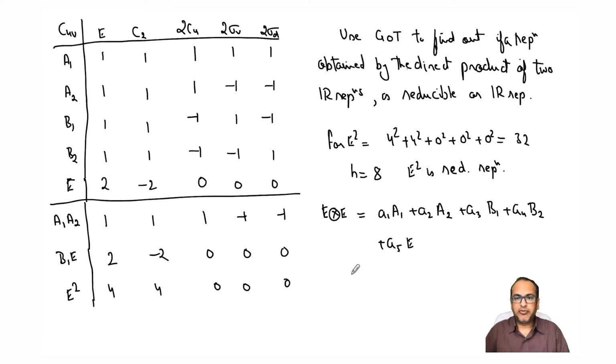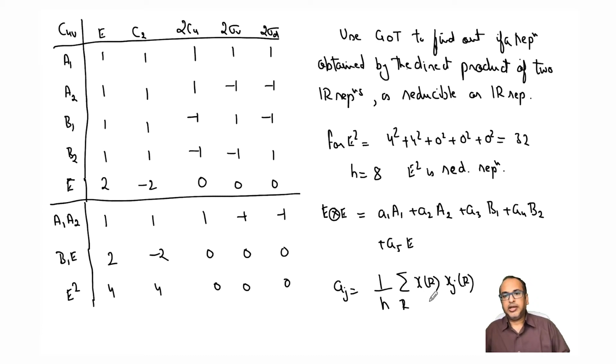So remember the reduction formula which we used. So A_j is equal to 1 over H summation over all R of chi R and chi j R, right? So this was the reduction formula which we derived earlier.